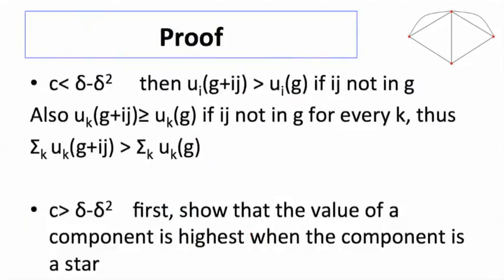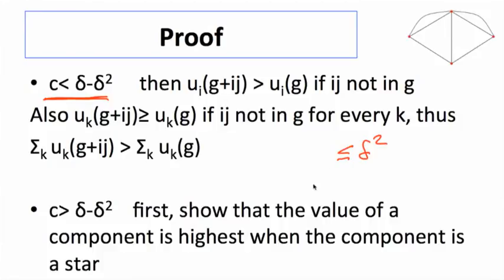And so in terms of proving that the star is the right thing to do in the middle cost range, first of all, it's very easy to analyze the case where C is less than delta minus delta squared, because now if I, J are not already connected, the value that they're getting from their relationship is going to be less than or equal to delta squared.